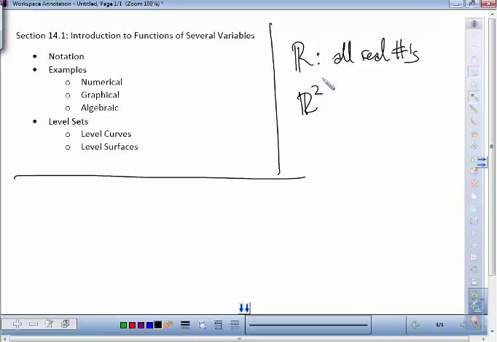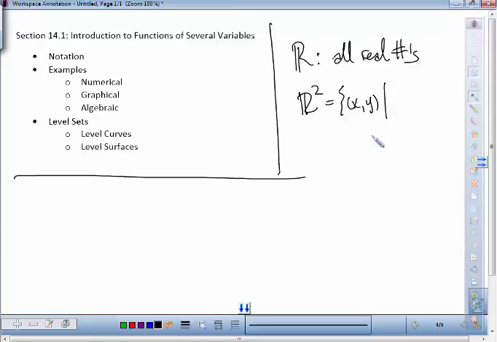And then R squared is going to be the pairs of real numbers. So more mathematically, this could be described as the set of (x, y) as ordered pairs. And then we have a vertical bar in math when we're talking about set notation. This vertical bar is like "such that."